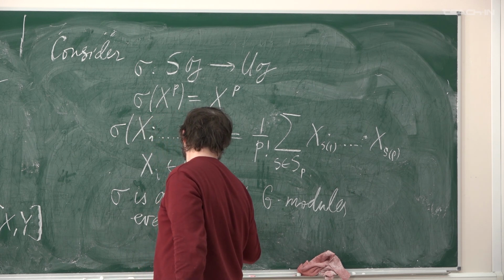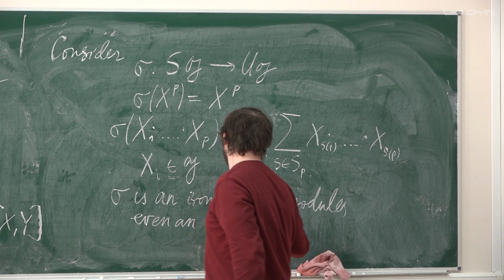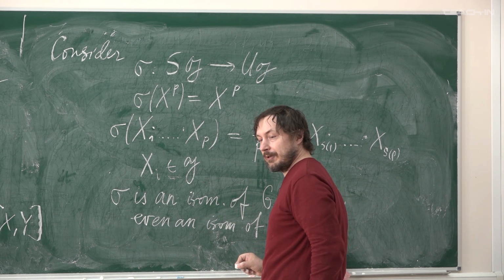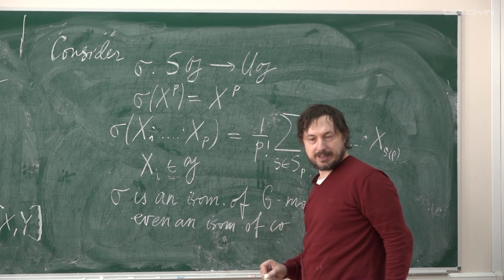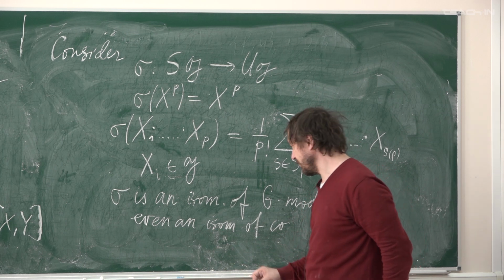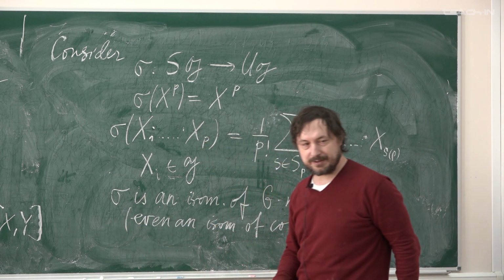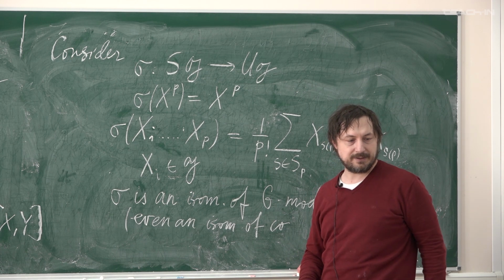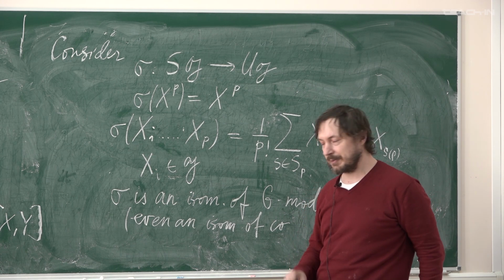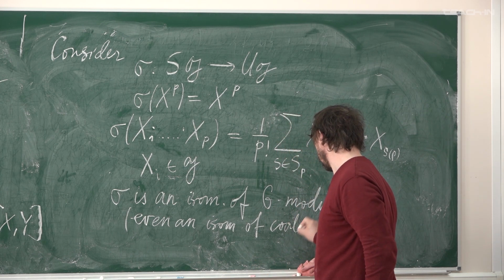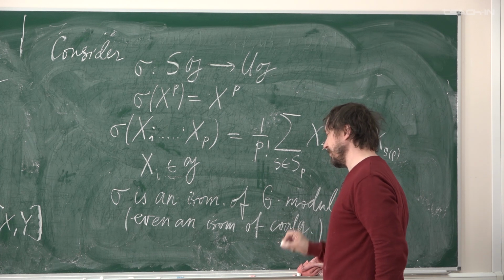I don't know if you have heard what coalgebras were. We will not use it here, so I just put it in parentheses. It's even an isomorphism of coalgebras, but of course not an isomorphism of algebras.